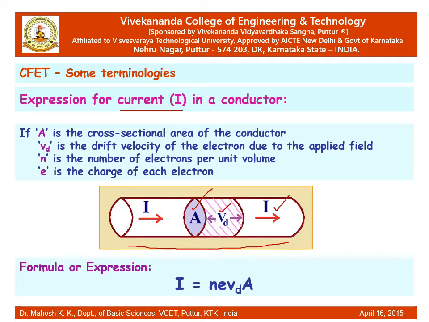Then the expression can be written as I is equal to n e Vd A, where n is the number of electrons per unit volume, e is the charge of the electron, Vd is the drift velocity, and A is the cross-sectional area.